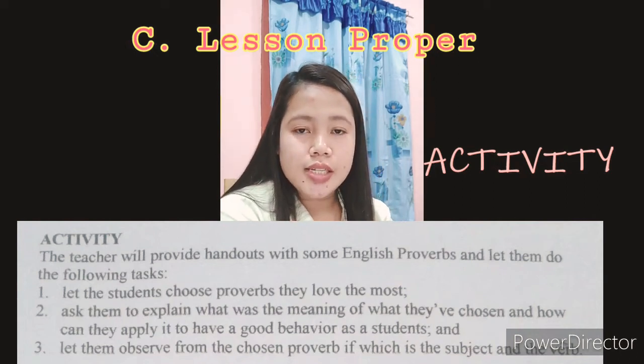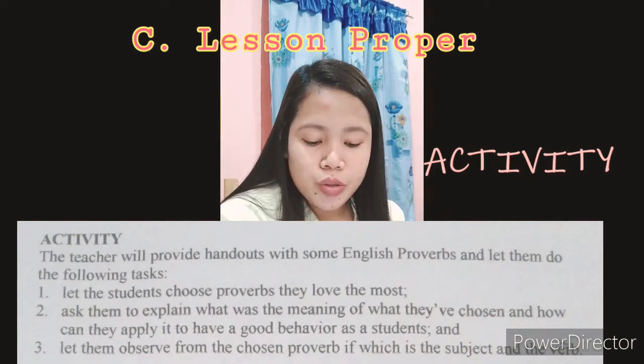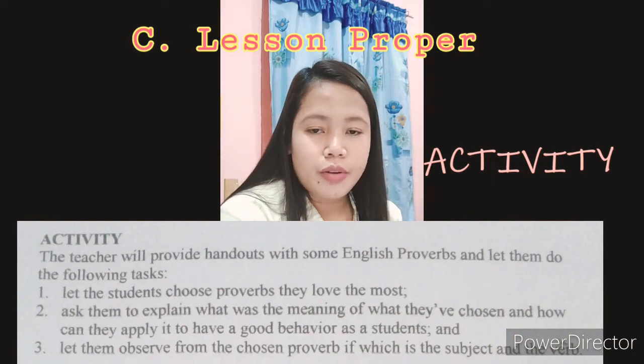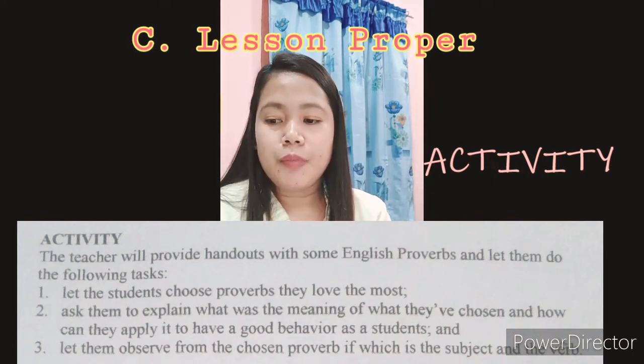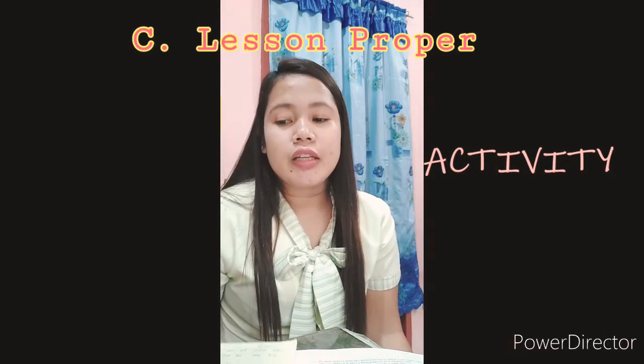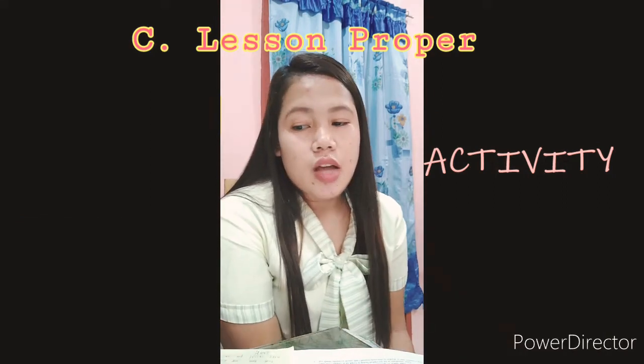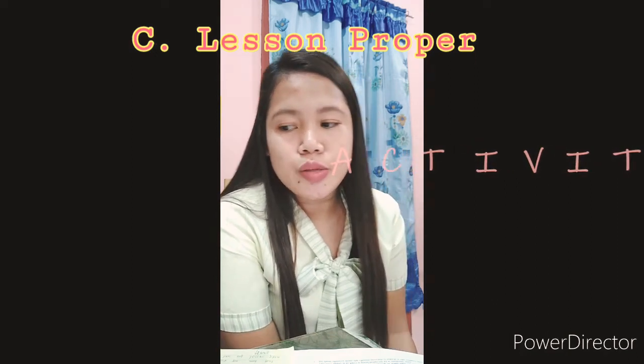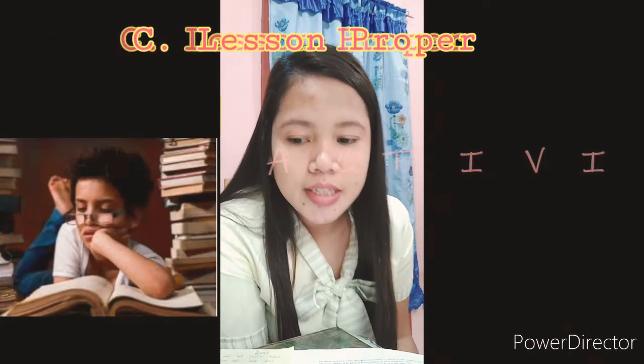And number 3 is let them observe from the chosen proverb which is the subject and the verb. From the given activities, students will use their reading and speaking skills in order to meet the given task.